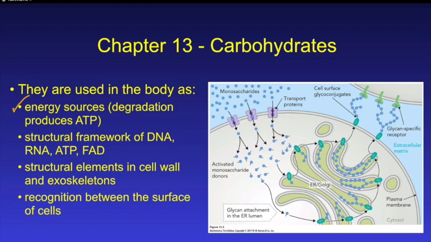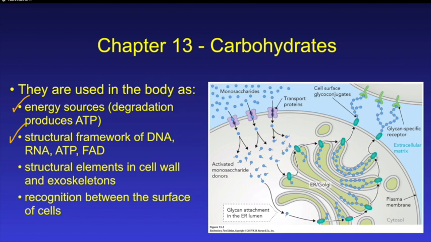If we look at the structural framework of DNA, RNA, ATP, the energy molecules, and FAD and NAD, the electron carriers, and go all the way back to their elemental structure, they have a 5-membered sugar called ribose as part of the framework. None of these entities would be available to the body unless we had the sugars available.